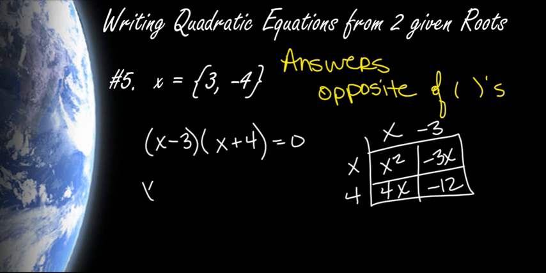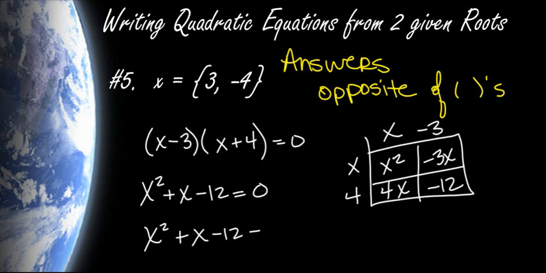So I end up with an x squared plus x minus 12 equals 0. Now if I'm looking for an equation of a graph, I would have x squared plus x minus 12 equals y. And you can use this method for either one of these.